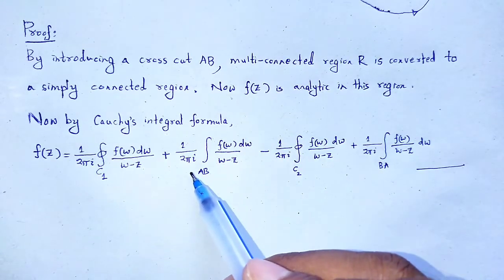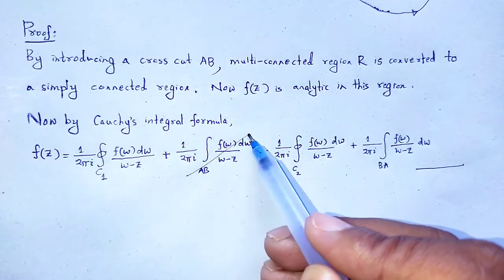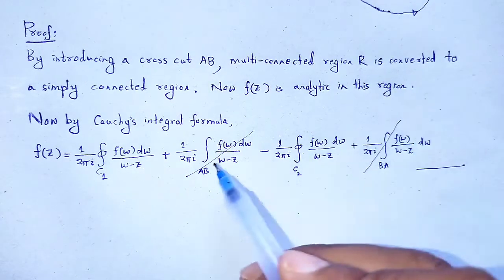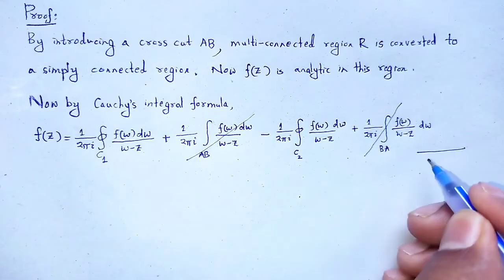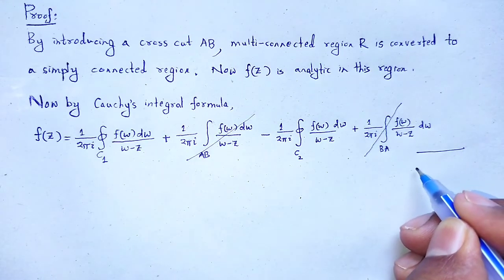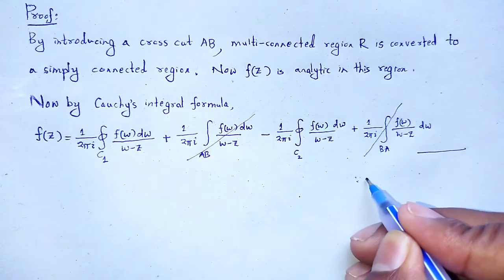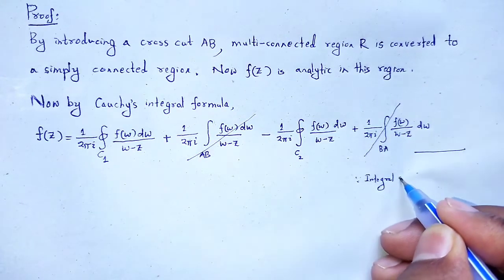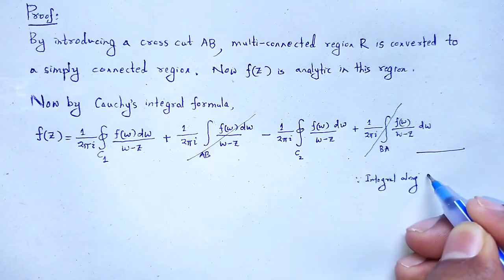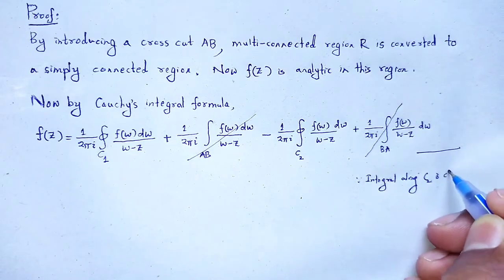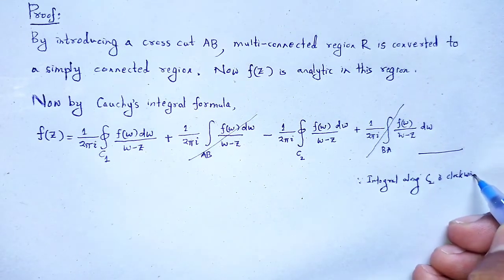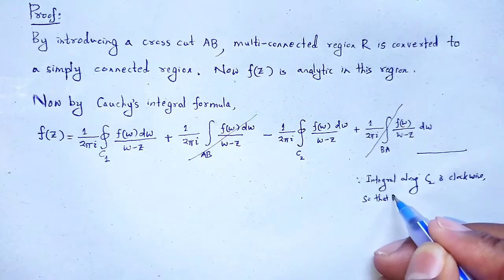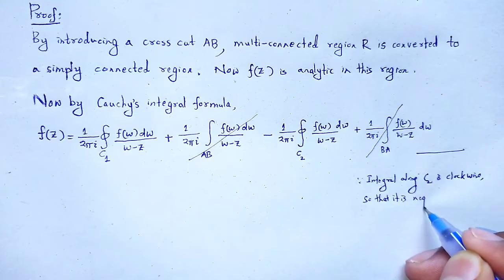Here AB and BA are cancelled out, as we know. The integral along C2 is clockwise, so it is negative.